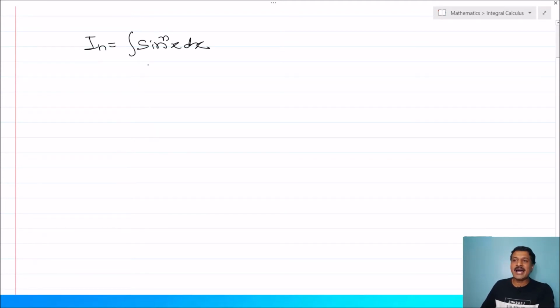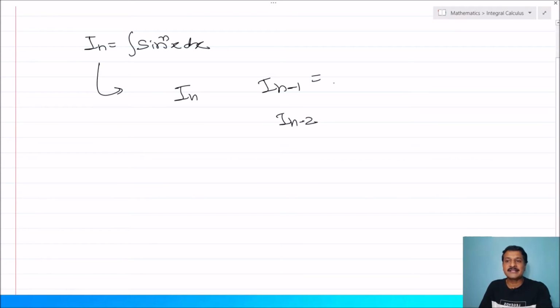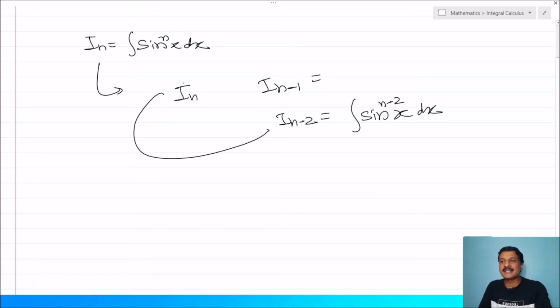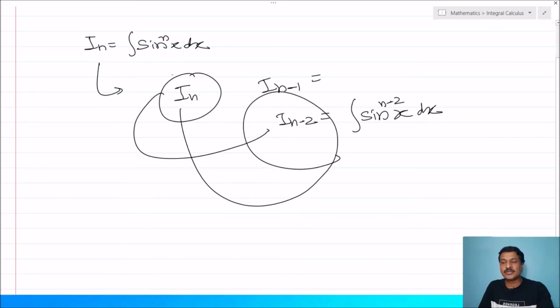And if we are able to find the relation between I n and I n minus 1 or I n minus 2, which is the integral of sin x raised to n minus 2, then that relation is nothing but a reduction formula.